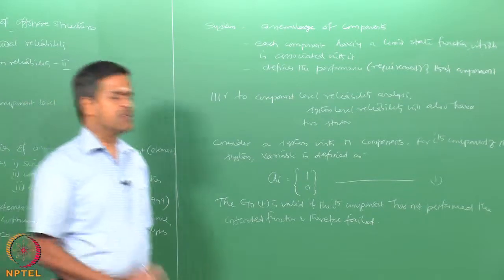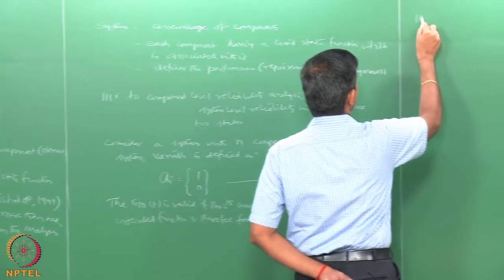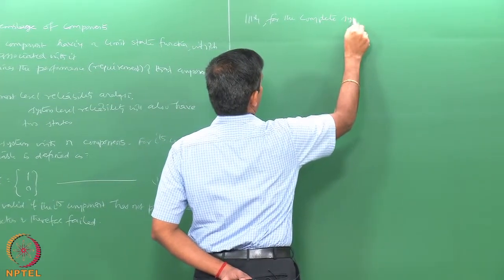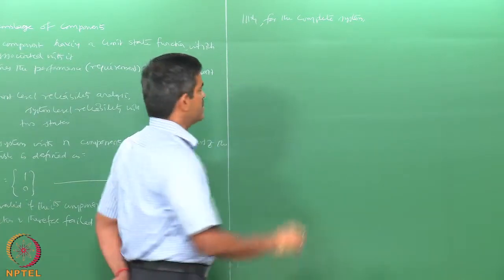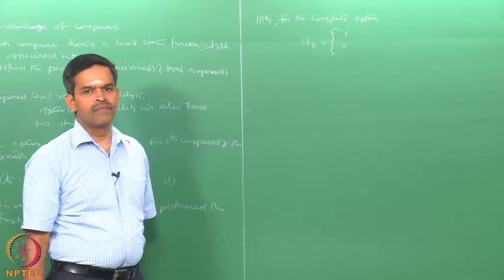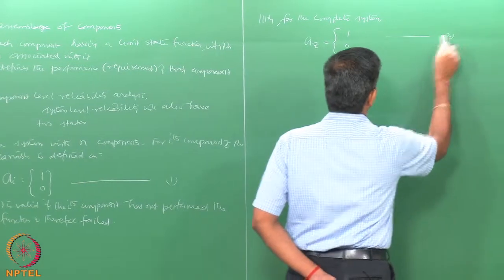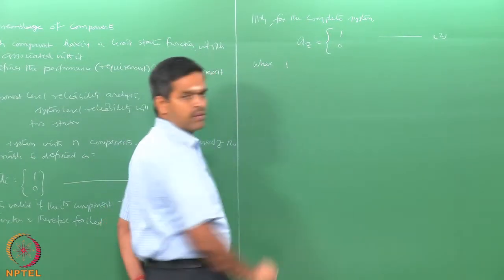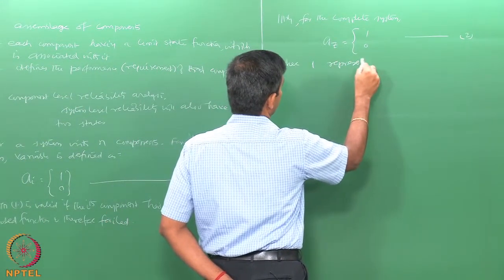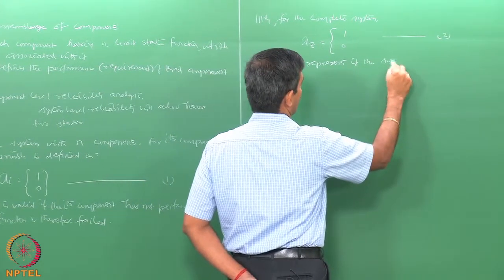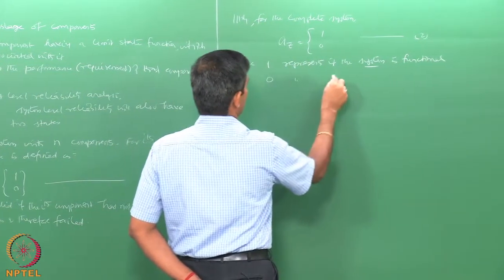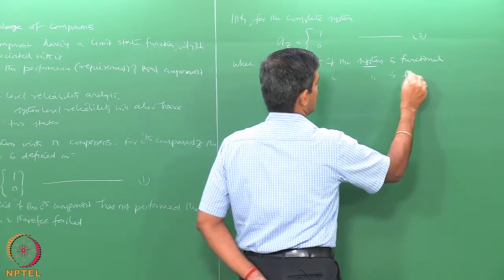Similarly, for the entire system, we can say Z is 1 or 0, where 1 represents that the system is functional, and 0 represents that the system has failed.